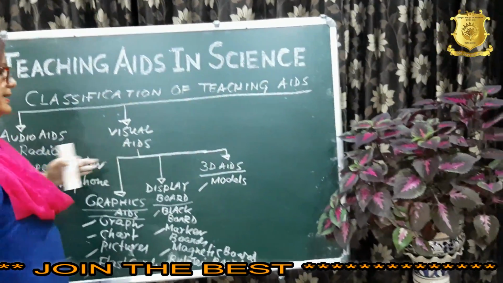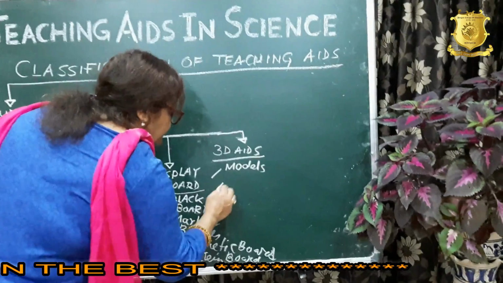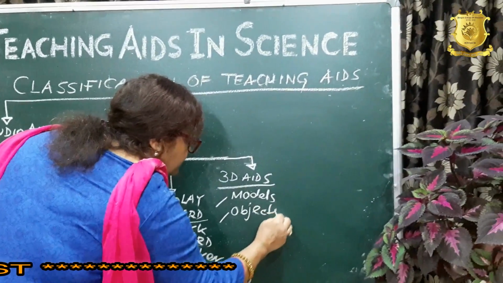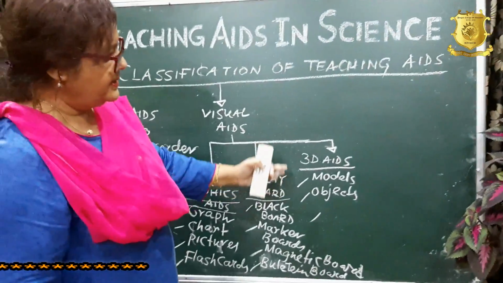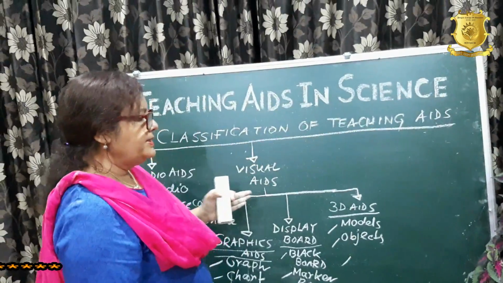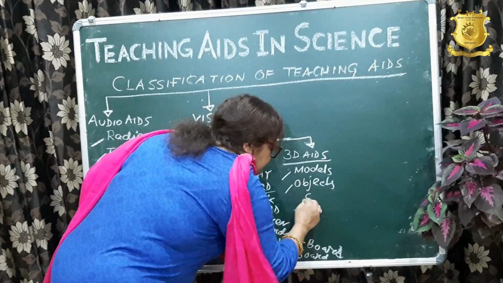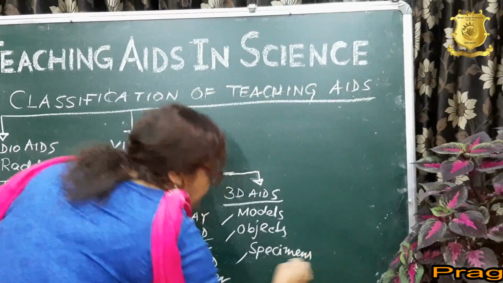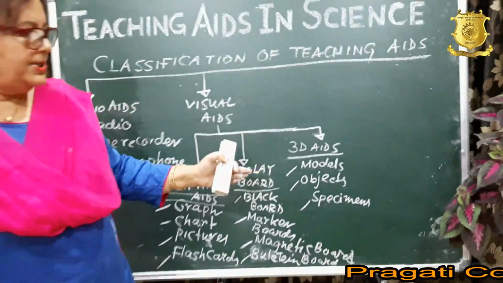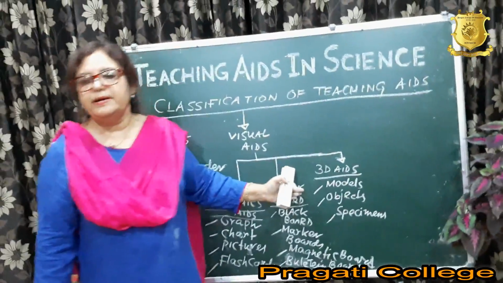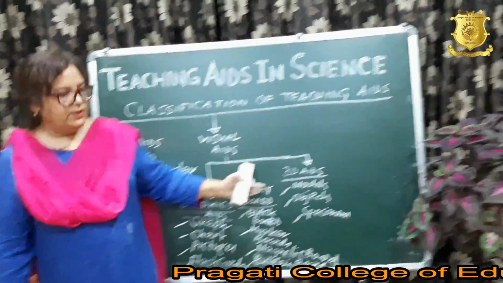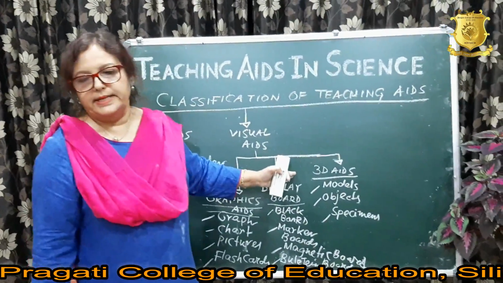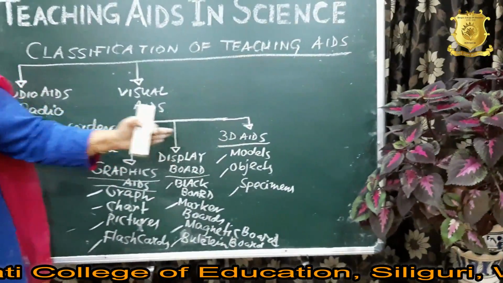Next is different kinds of objects that we show in our classroom situation. All these objects come under 3D aids. Next is specimens. Especially in our life science laboratory, you have seen different kinds of specimens. Those are examples of 3D aids.